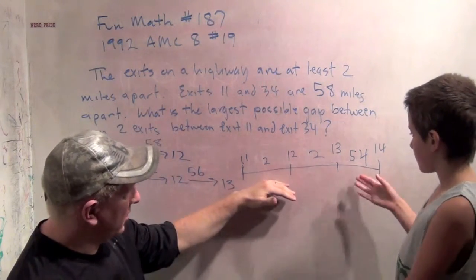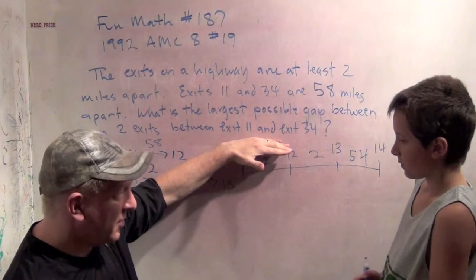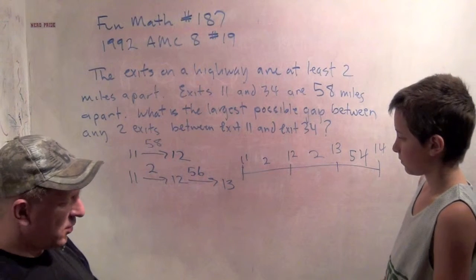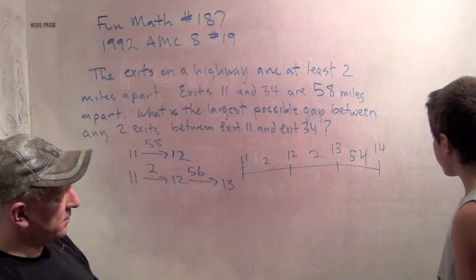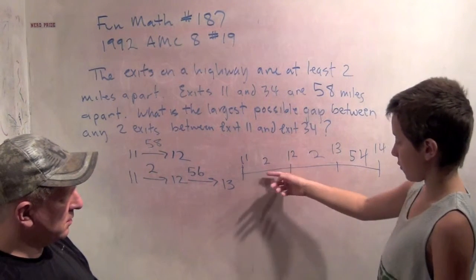There's 3 gaps. How many numbers are there from 11 to 34? 24. So how many gaps are there? There's 23 gaps. So what are we going to do now that we've learned there's 23 gaps? Well, we need to have 22 of them made a 2.